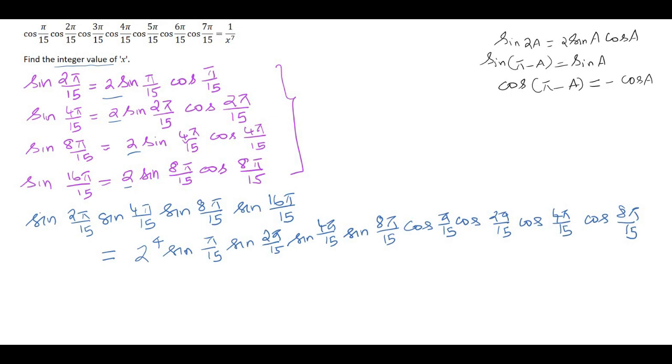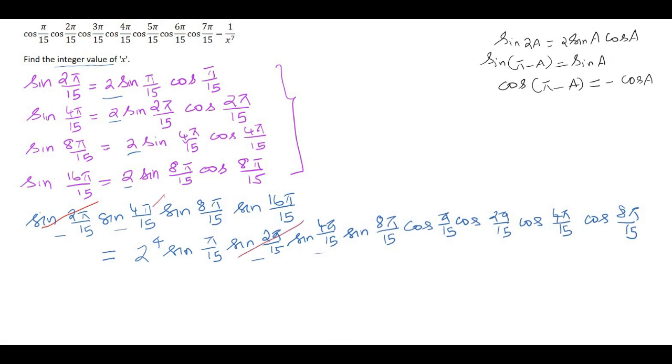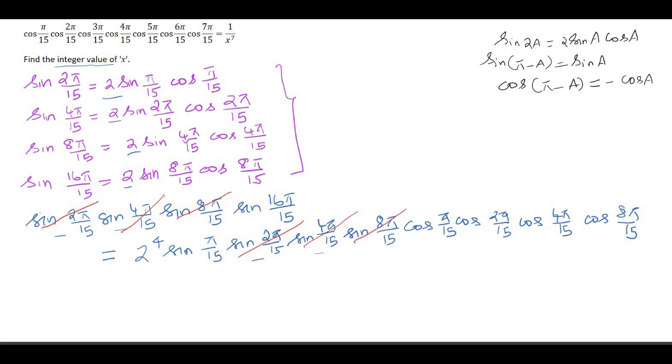Therefore now you can see in this there is sin 2 pi by 15 on the left side, also sin 2 pi by 15 on the right side, then sin 4 pi by 15, sin 4 pi by 15. So you can cancel out the terms, that is sin 2 pi by 15, sin 4 pi by 15, sin 8 pi by 15. Right?